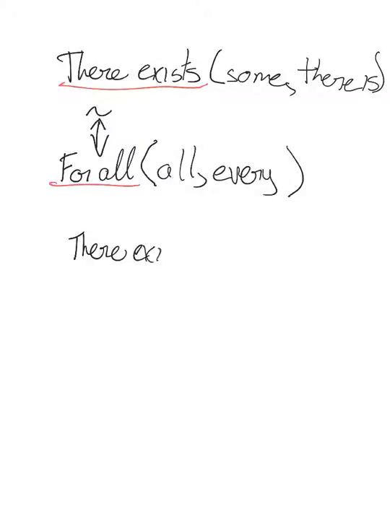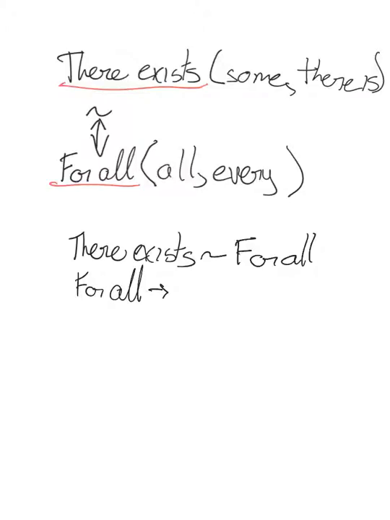There exists can be negated to for all, and for all can be negated to there exists.